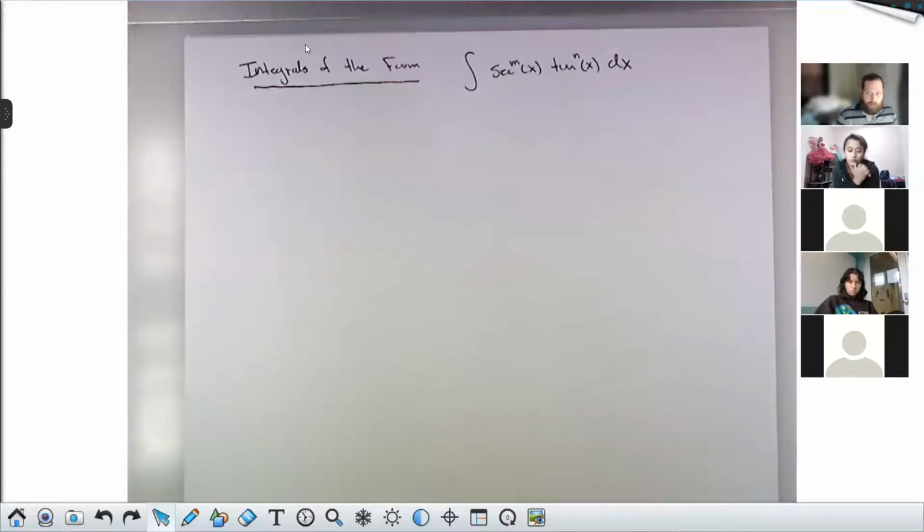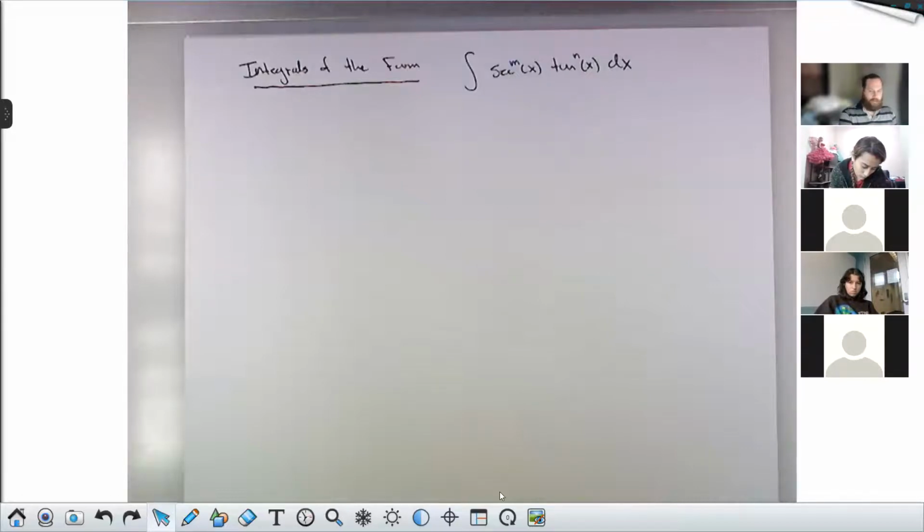And even powers of tangents can be rewritten as secants using that same identity. The difference here, of course, is that the derivative of secant is not tangent, and the derivative of tangent is not secant, but their derivatives are related to one another. The derivative of tangent is secant squared, and the derivative of secant is secant tangent.